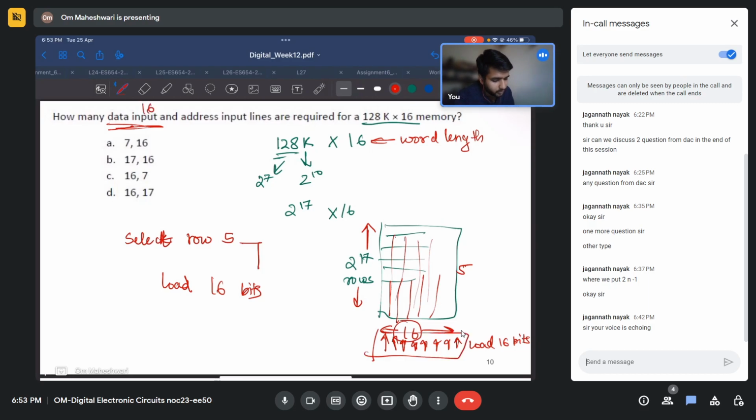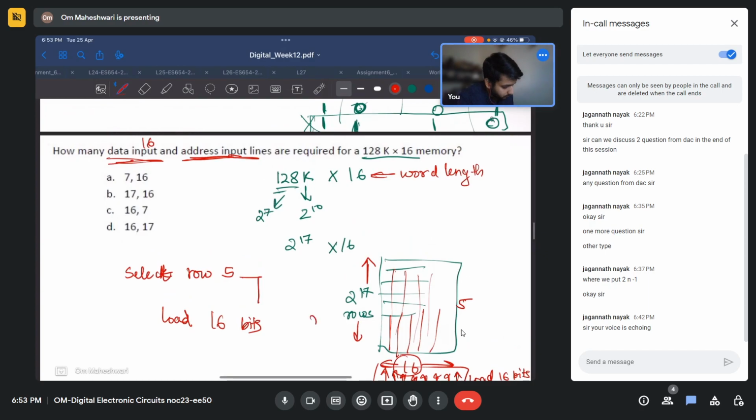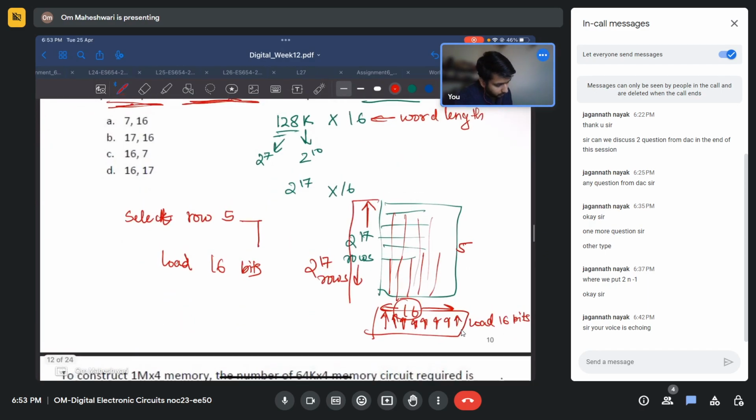The data input is 16, and the number of address lines we have seen in the earlier question also. If you have 2 to the power 17 rows, what would be the decoder size, or how many address lines would I need in a decoder to access the 2 to the power 17 rows? That is log base 2 of 2 to the power 17, that is 17 address lines.